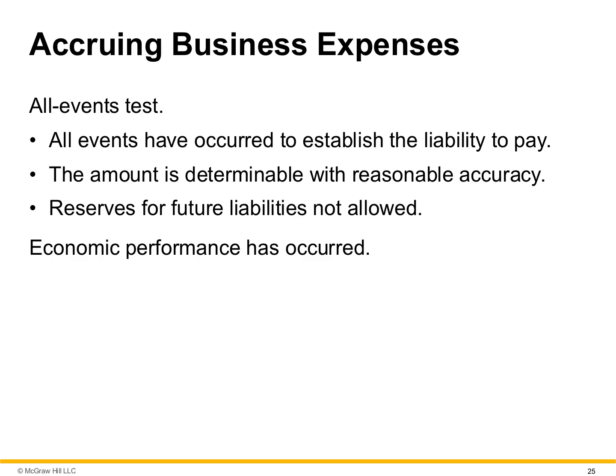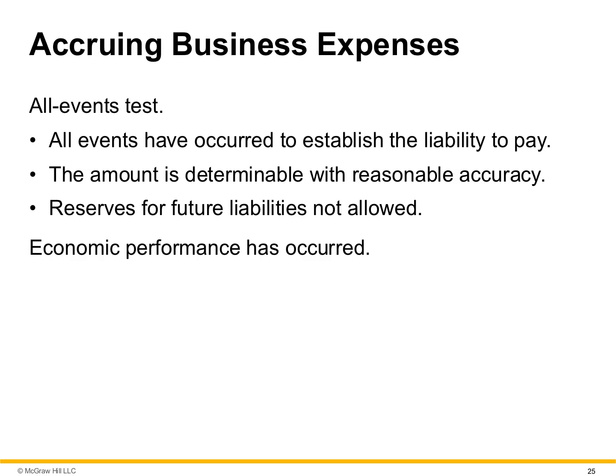The last topic that we're going to talk about in this chapter is accruing for business expenses. So whenever we're doing that, it'll create a liability. And so whenever that happens, to claim a deduction for an accrued expense, that expense must meet 2 tests. The all events test, which those details are on this slide, and an economic performance test, which we'll talk about in more detail on the next slide.